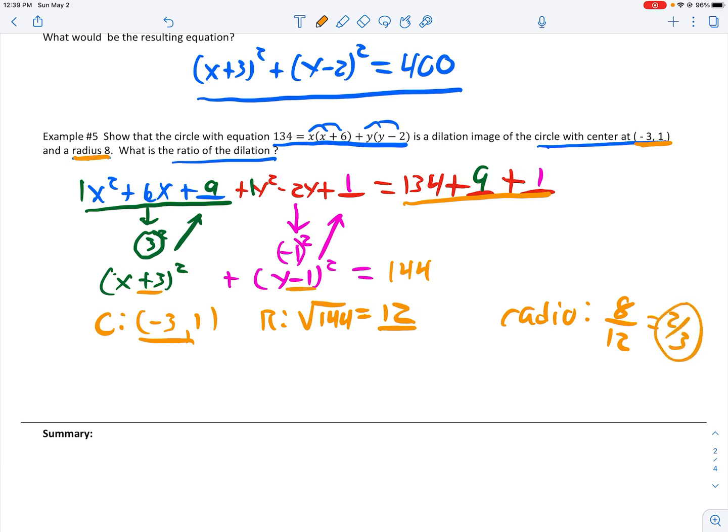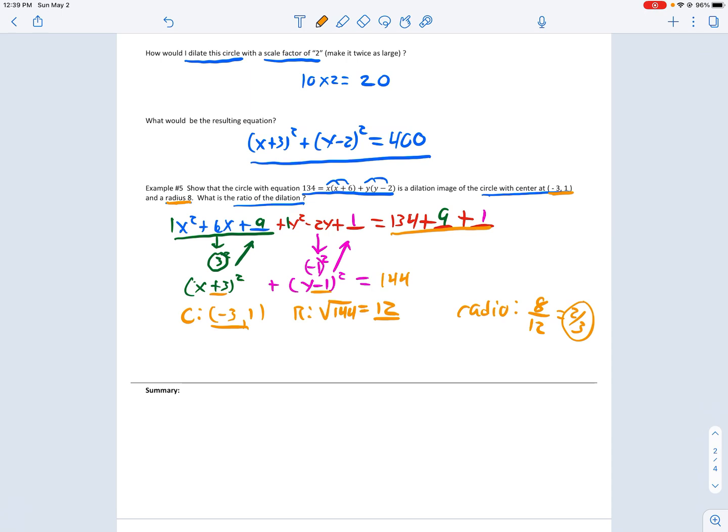I mean, it is a dilation, so if you went 12 over 8, either one of those would be fine. It doesn't really state which circle to start with, so whatever one you started with would be fine. But again, it's a dilation because it's the same circle, because it started at the same center, and the radiuses are different, so it just was enlarged.